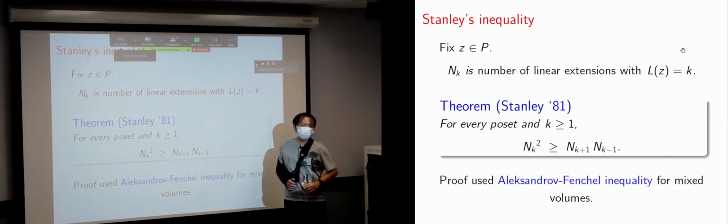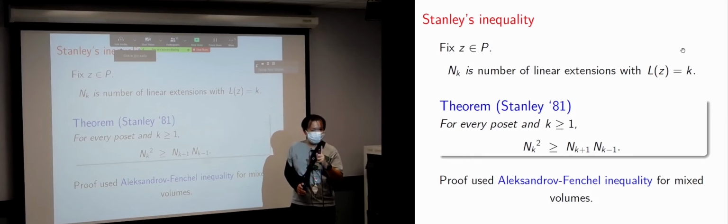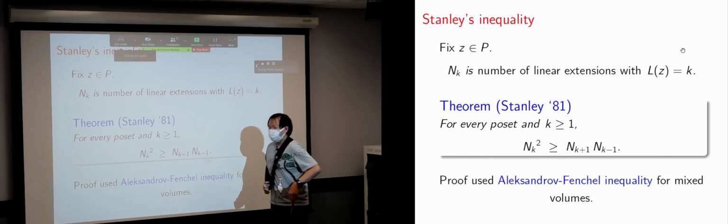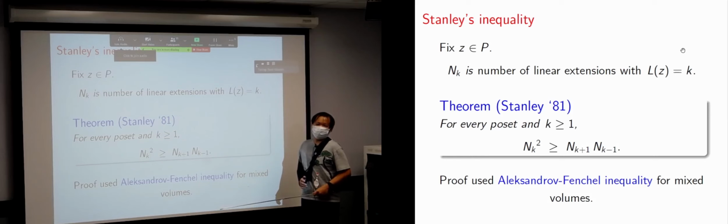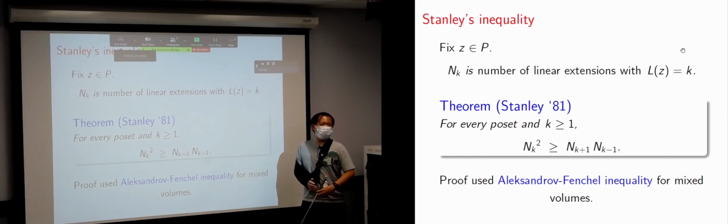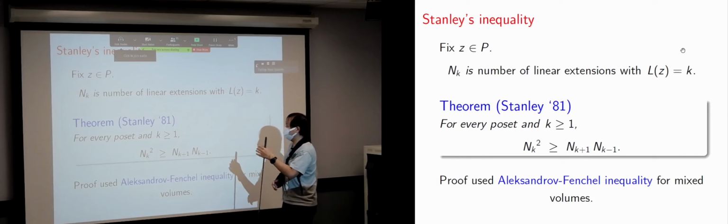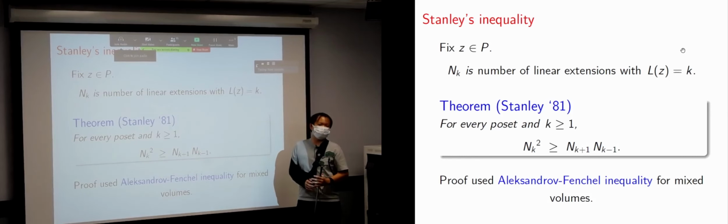And how he proved it is actually very elegant. It is arguably a one-page proof, where Stanley used an idea from geometry, the Alexandrov-Fenchel inequality. It's an inequality that you apply to polytopes, and the polytope that Stanley used is what we call the order polytope, where every chamber of this polytope corresponds to one linear extension of the poset. You apply that, and magically, this inequality just pops up right at the end.